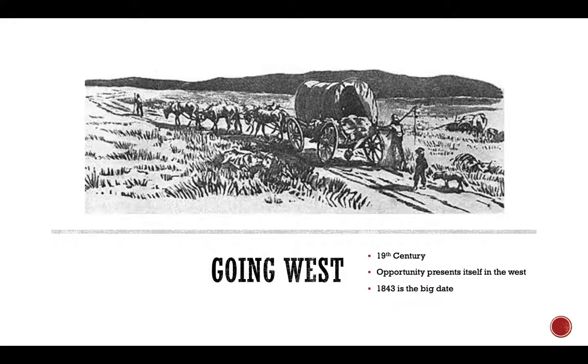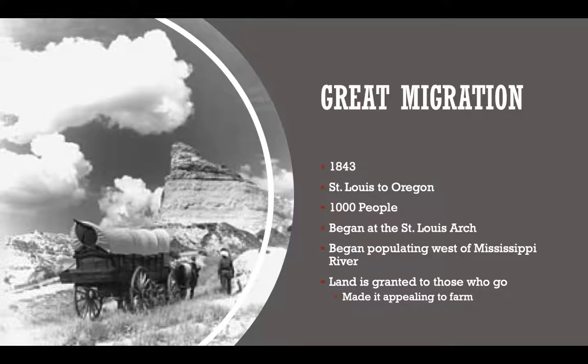So 1843 is the big number for the Oregon Trail. What happens in 1843 is what we call the Great Migration. This is the biggest piece of what goes west on the Oregon Trail. It starts in St. Louis and it goes to Oregon. There's 1,000 people on this journey.